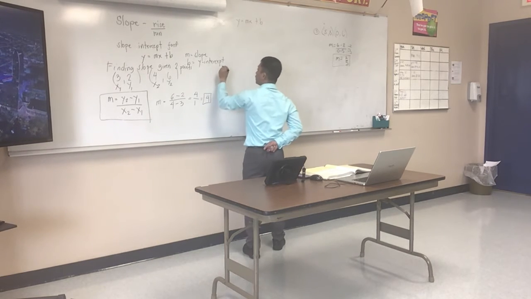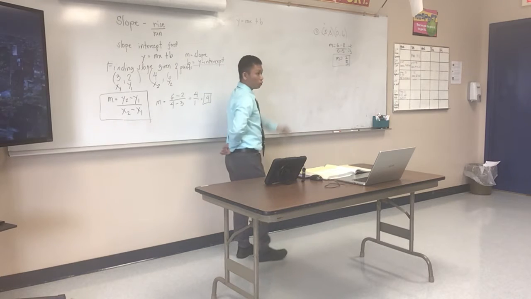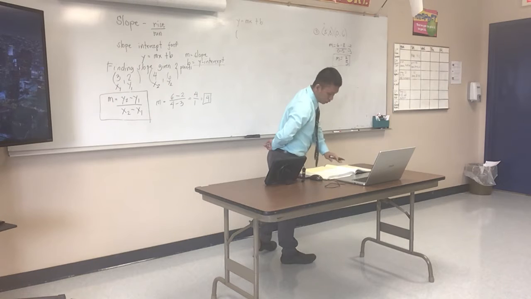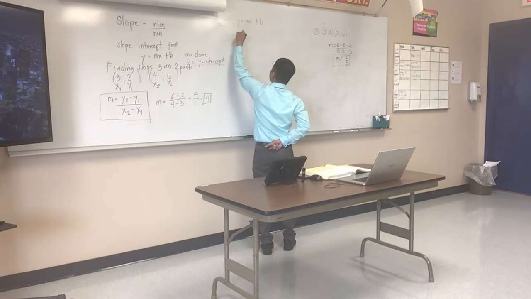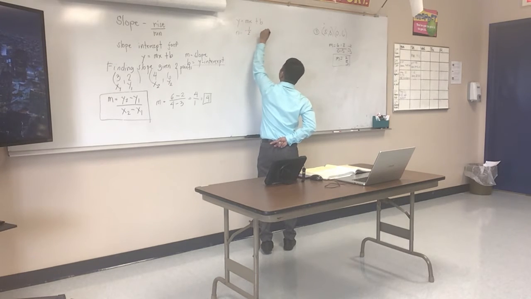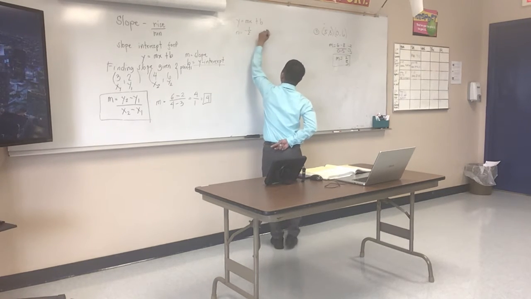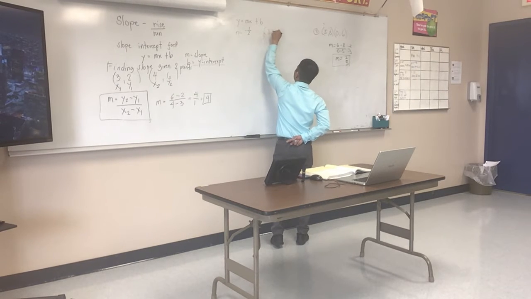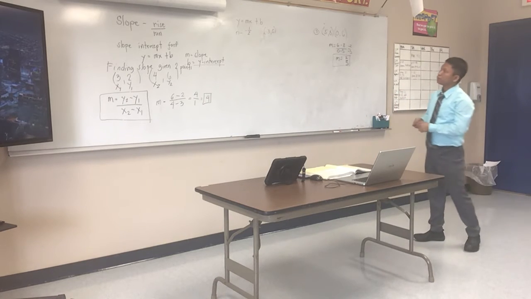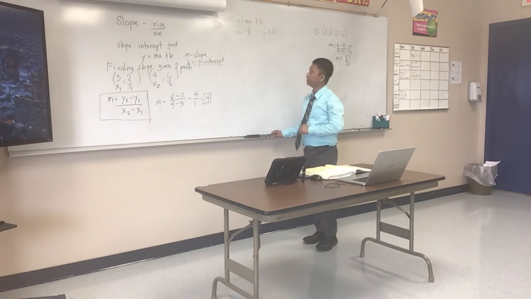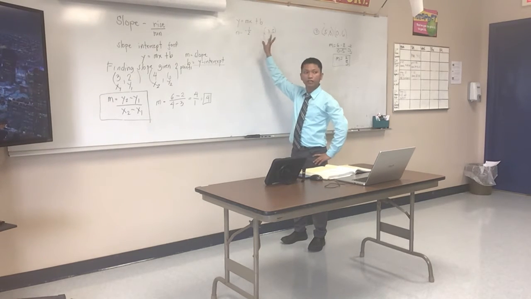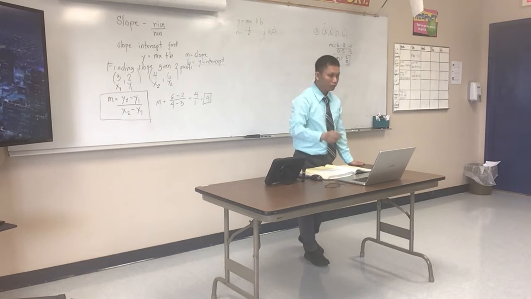Where b is our y-intercept and m is our slope. For example, given the slope is negative 1/2, what would be our equation of the line here? We have the slope, m, equal to negative 1/2, and given the one ordered pair, we have (3, 5).